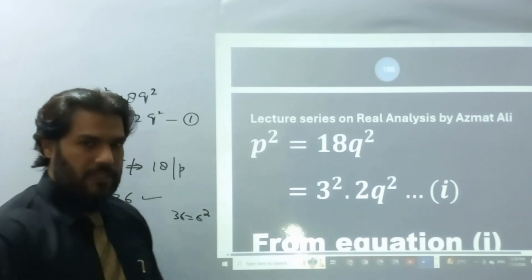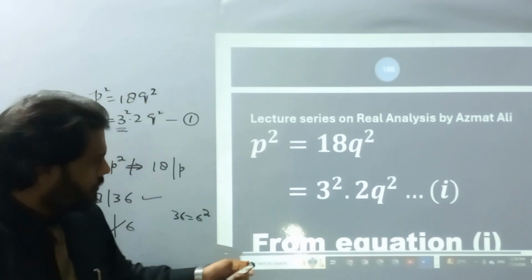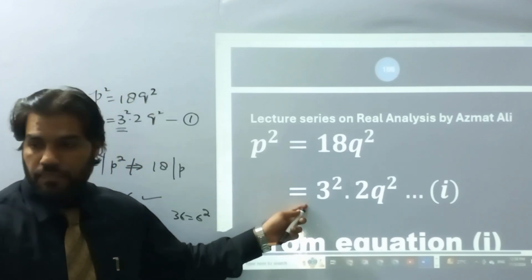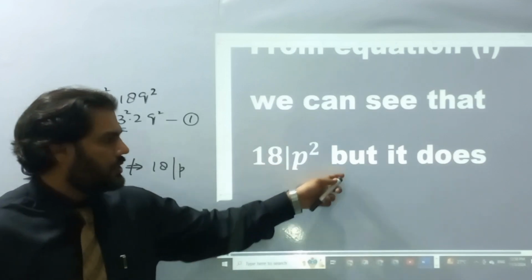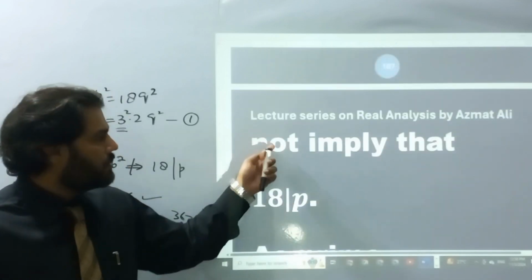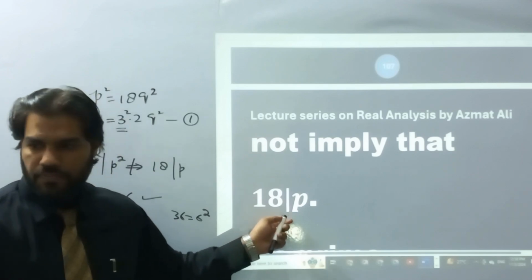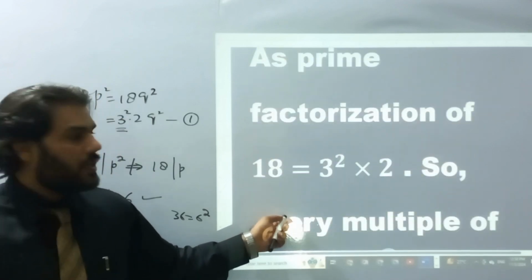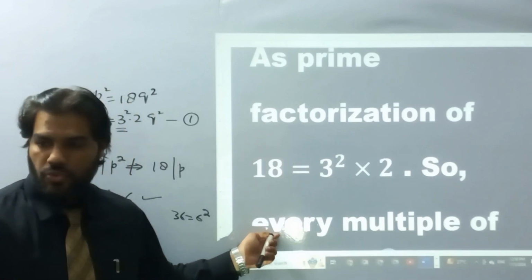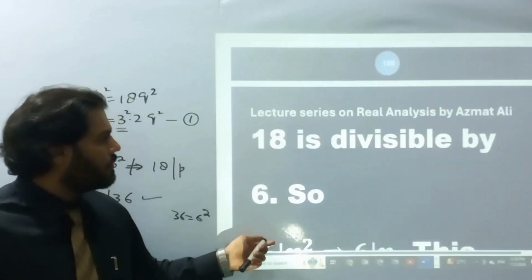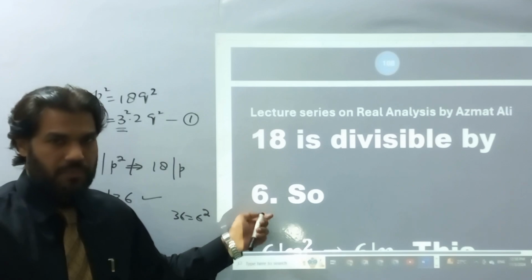Now, in this case, what will we do? From question number 1, we can see that 18 divides p square, but it does not imply that 18 divides p. As the prime factorization of 18 is 3 square into 2, every multiple of 18 is divisible by 6.